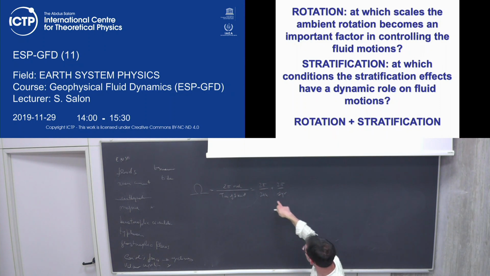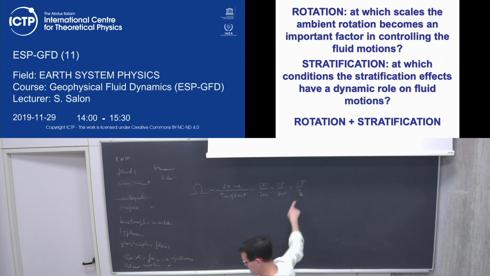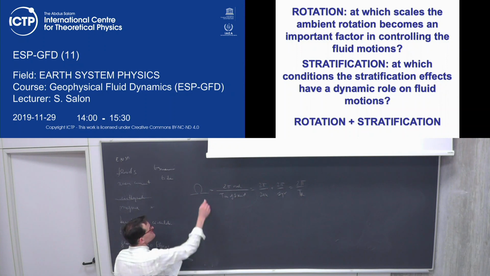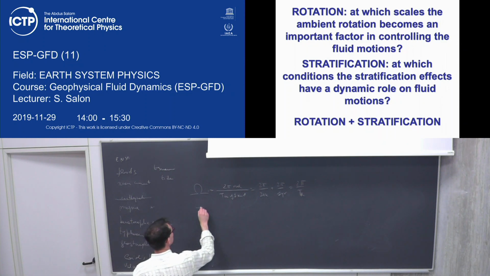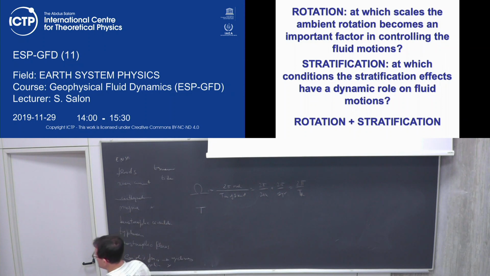If you take these numbers, you have 365 days here and just 1 day here, so this number is much smaller. But in any case, if we want to take everything, we have to take it. So this now we will simply call 2 pi over T_r, where r stands for rotation. So omega, our ambient rotation, is defined as 2 pi over T_r. We have a capital T, which is the time scale of our phenomenon.